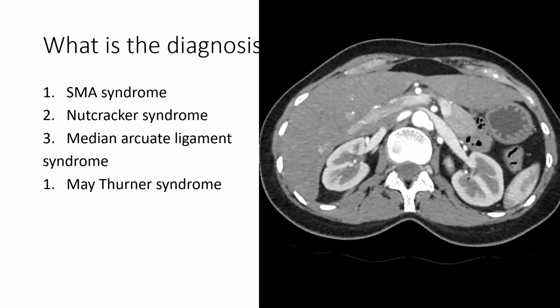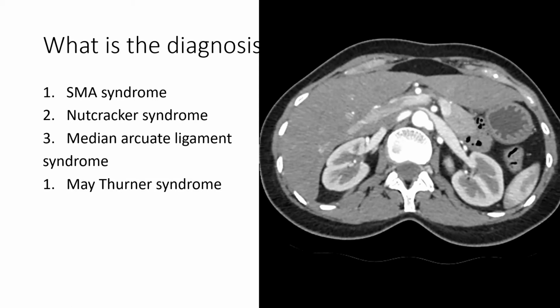Nutcracker syndrome is a vascular compression disorder. Mostly you see compression of the left renal vein between superior mesenteric artery and aorta. We can always have other variations. It can lead to renal venous hypertension, and it can also lead to the rupture of thin wall veins into the collecting system with the presenting symptom of hematuria, right?